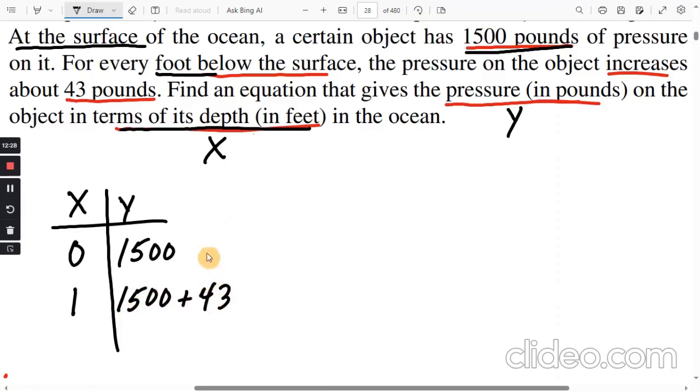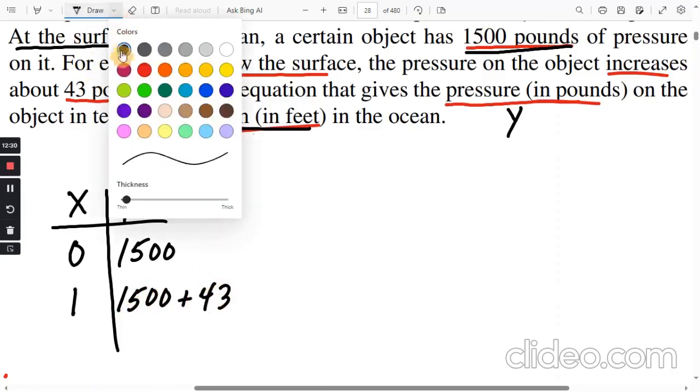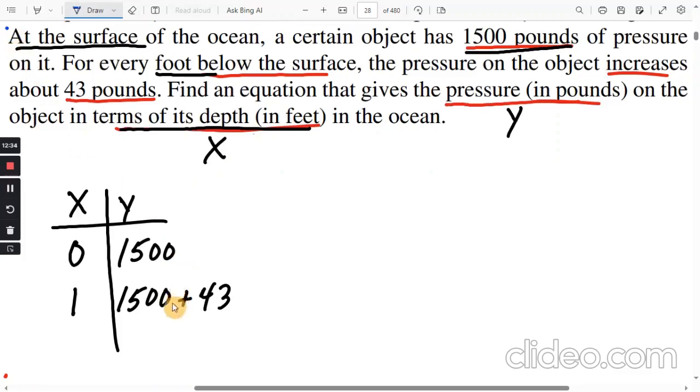So do we need to do slope? No, we do not. I mean, you need to know the slope, but there's nothing to calculate. The slope, m, equals 43, since they said they added 43 for every foot.